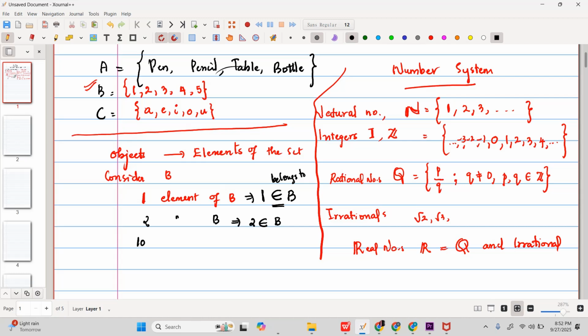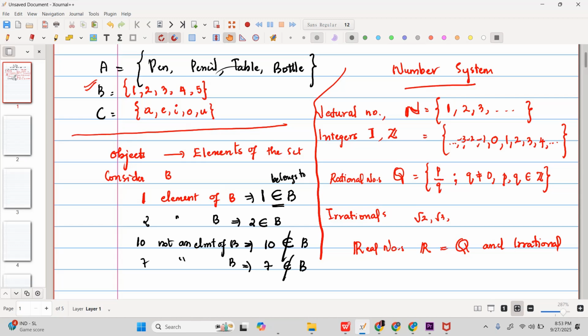So 10 is not an element of B, and you just put a bar or a cross line on the belongs-to symbol, and this is the representation: 10 is not an element of B. And if I am picking 7, 7 is not an element of B, so I can simply represent it as 7 does not belong to B. Not an element of B or does not belong to B, both are the same.